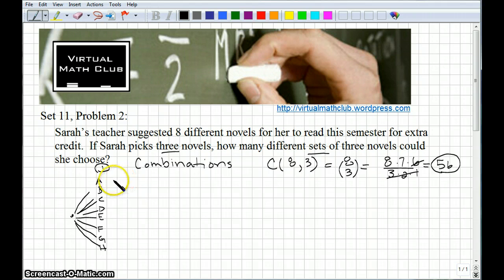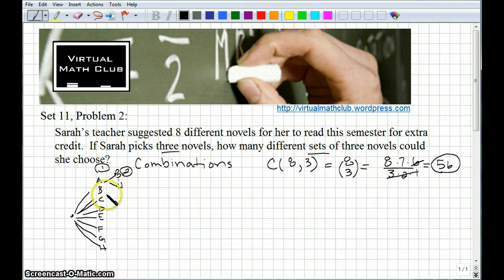So for her next choice, choice number 2, now I'm not going to write all these out because it gets really messy. She only has 7 choices for her second novel. So if she picked A, then she's only going to have B through H to choose from.